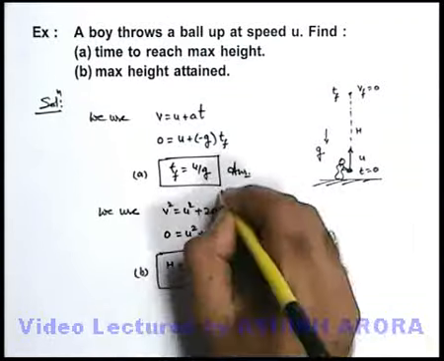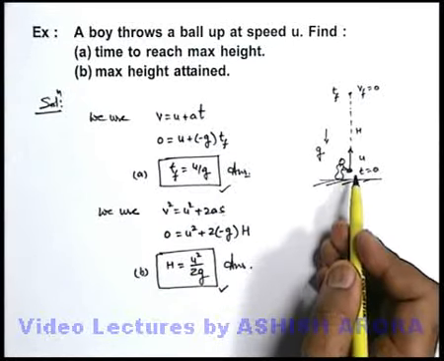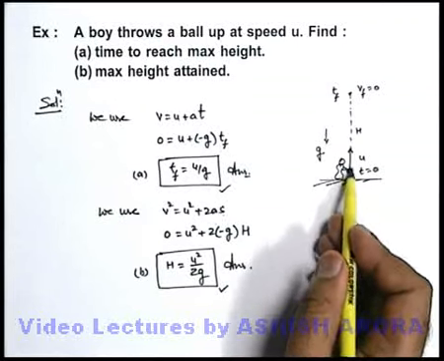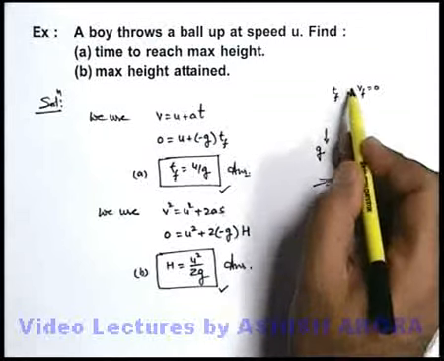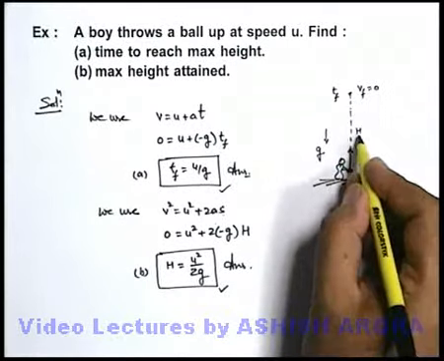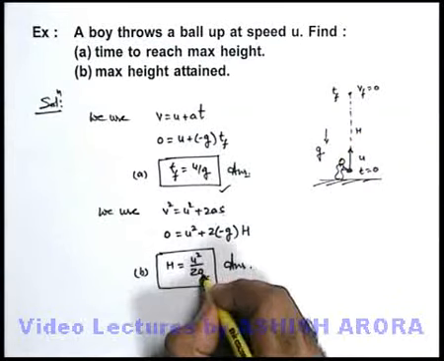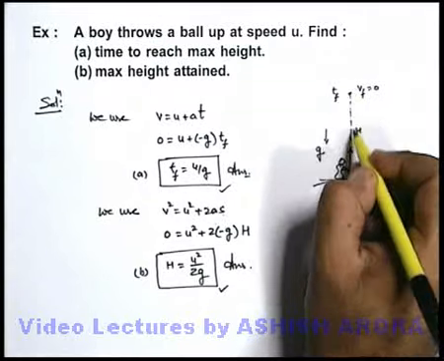So always you should keep these two results on your fingertips, because in several cases these are going to be used directly. When a particle is thrown up, it will take a time u by g to reach the maximum height where final velocity becomes 0. And the maximum height it will reach will be u square by 2g. And obviously it will not remain at rest over there, it will fall again.